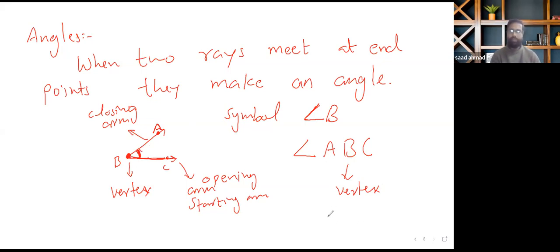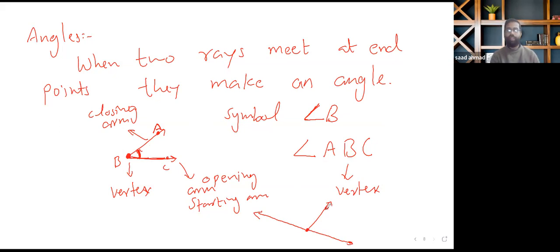Because let's say I have an angle like this. My bad, it's not a very good drawing. Let's say I have an angle like this. The three rays are starting from here, right?